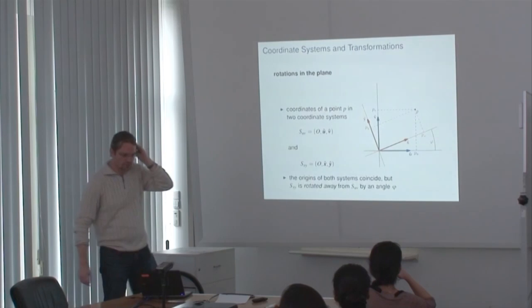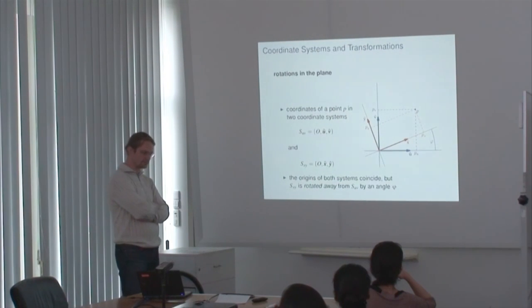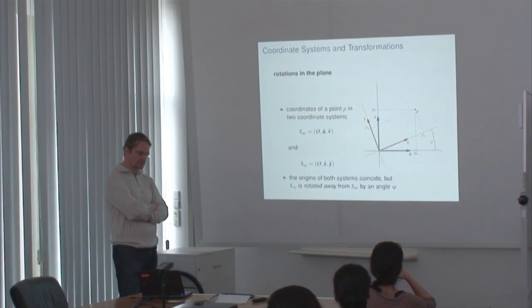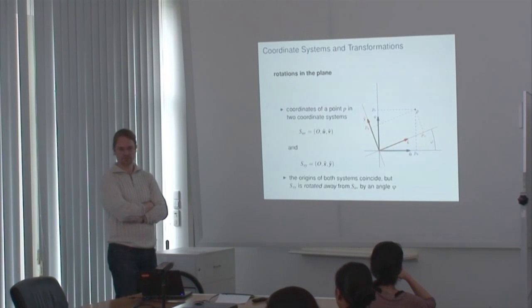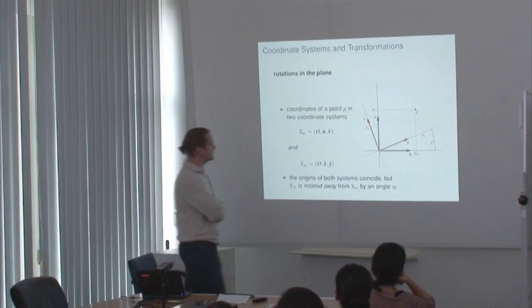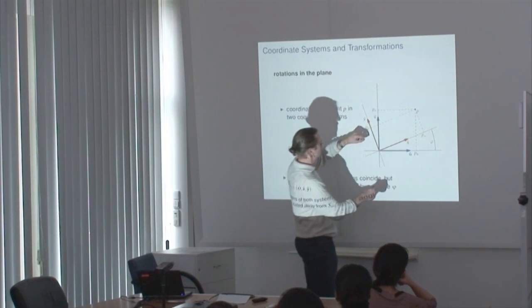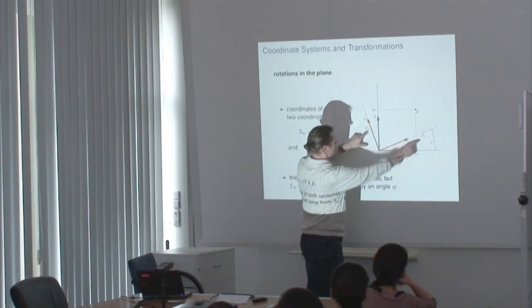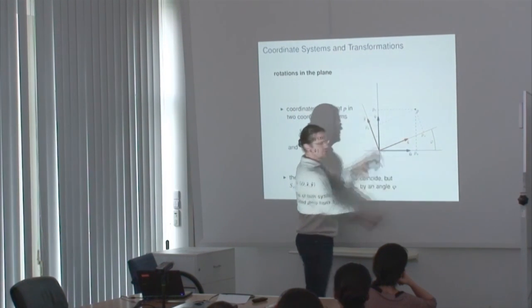And the question we will look into right now is, is it possible for us to compute, say, px, py if we are given pu, pv? Is there a way how we can express the point in px, py if all we know is pu, pv?